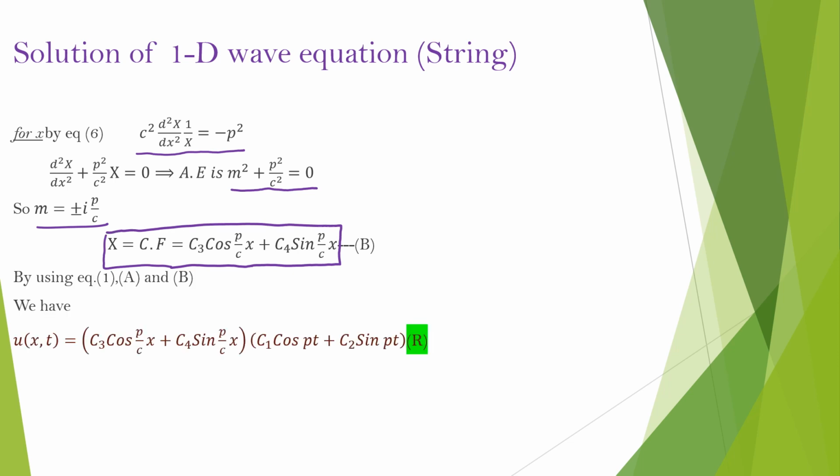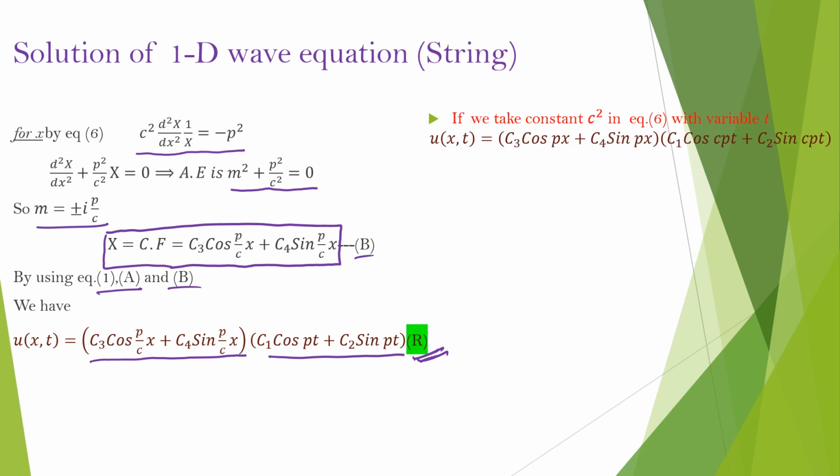So finally, using equations A and B, we get the solution as X times T. This equation should be remembered by you because in the next questions, or the questions on the string, we will directly use this equation. If we take the constant c² in equation 6 with the variable t, then the solution will be this.